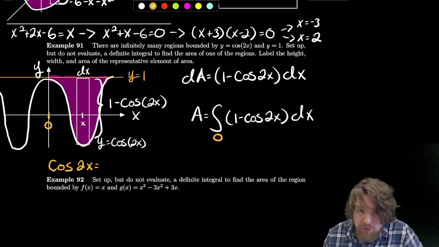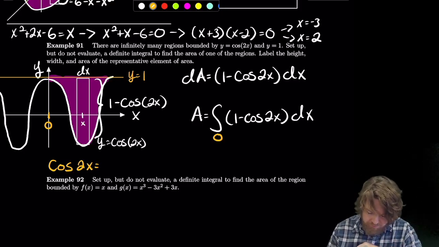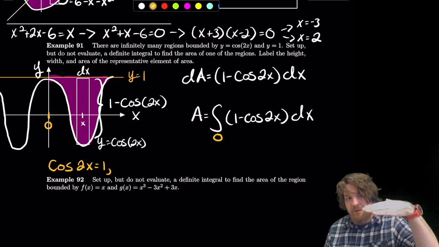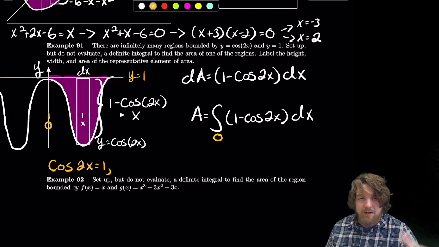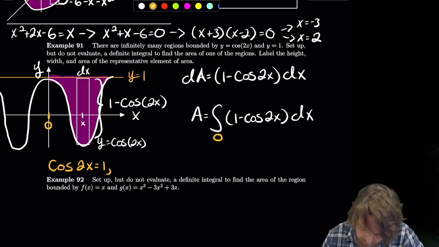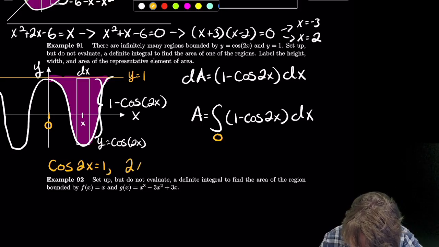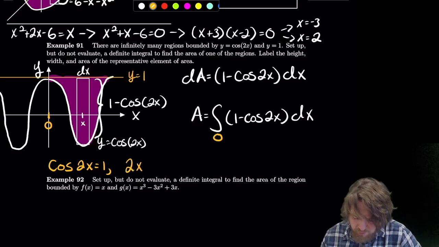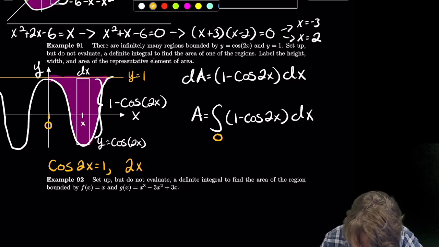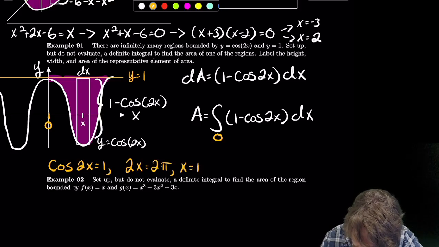Well, if you think about where cosine of 2x is equal to 1, that's always going to be at 0, at 2 pi, at 4 pi, at 6 pi, at 8 pi. So what we want is for 2x to be the next instance where cosine is 1. So that's going to be when 2x equals 2 pi, which is going to be when x equals pi.